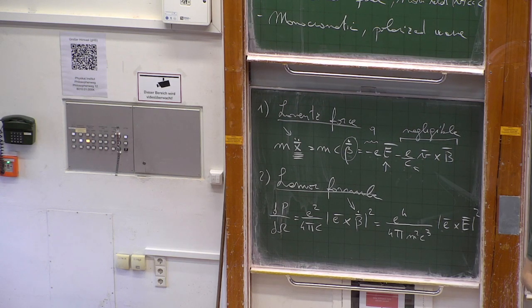Our ion is oscillating gently. The electron, for the same incoming electromagnetic wave, is oscillating way more, and therefore is emitting more power, meaning the cross-section is larger with respect to the one of the ion, of the proton in this case. Okay? 2000 to the power of 2. It's huge, it's tiny.